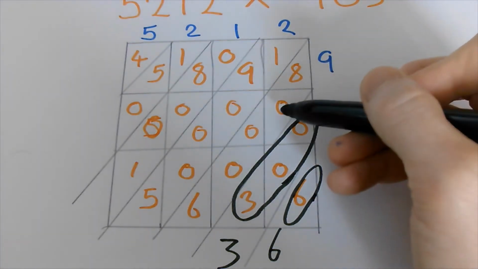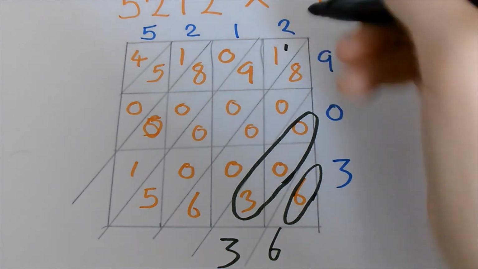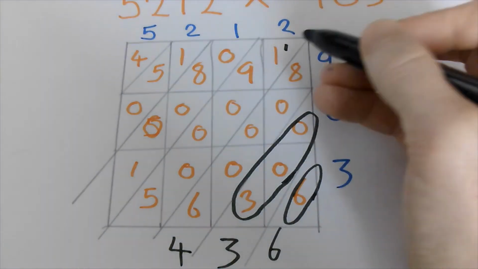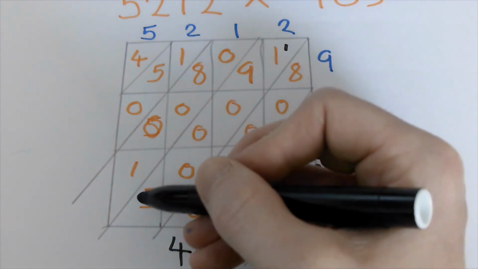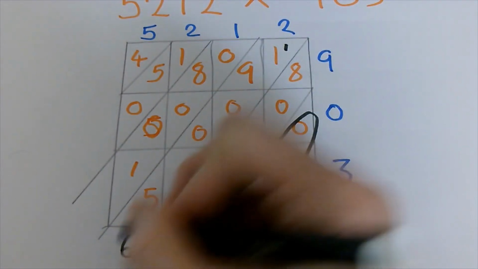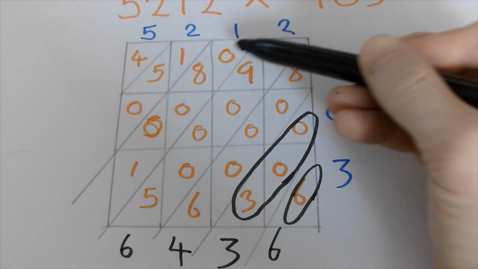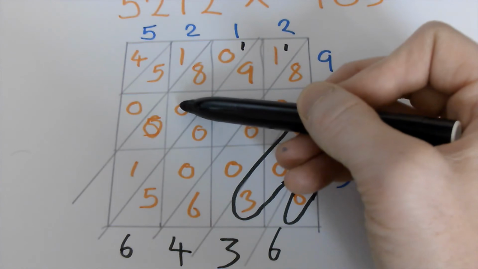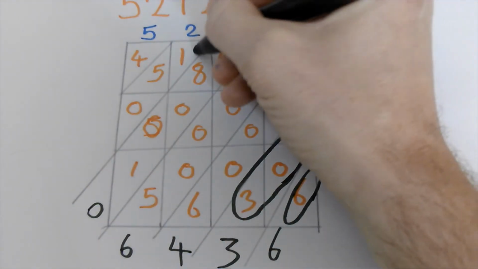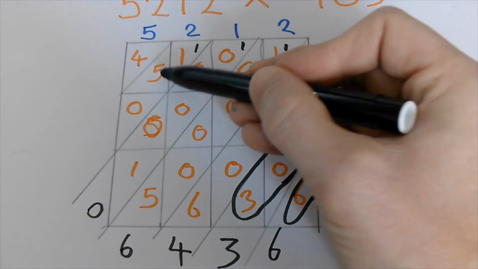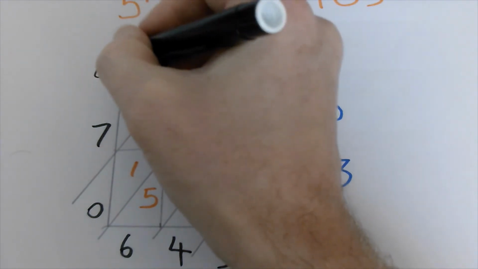Next column, 8 add 0 add 0 add 0 add 6 is 14, so the 1 gets carried over, and that's a 4. 1 add 1 is 2, add 9 is 11, add 5 is 16, so 6 goes there, 1 goes across. 1 add 0 add 8 is 9, add 0 add 0 add 1 is 10, so 0 in there, 1 over. 1 add 1 add 5 is 7, and finally 4 on its own.